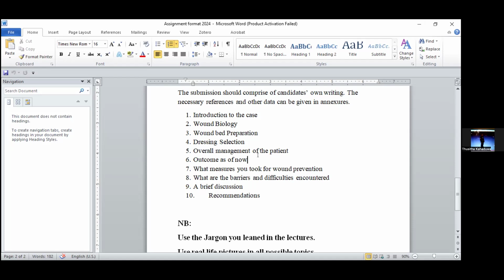Now, you learned wound prevention, and there's so many aspects of it: primary, secondary, tertiary. So then what were the necessities in this patient, and what level of prevention are we aiming for, and what did you do to make sure that the wound doesn't recur?